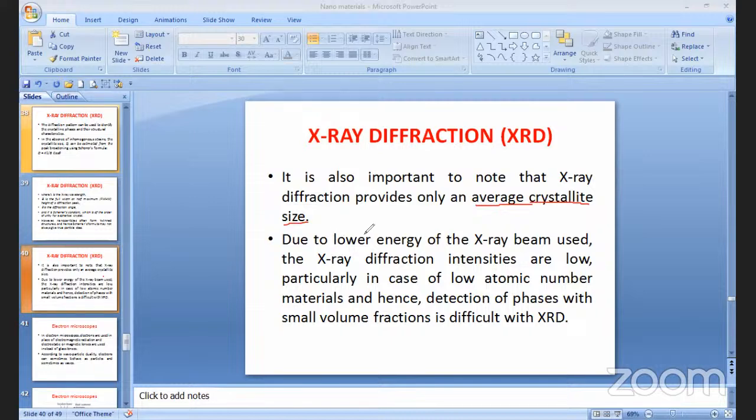Due to the lower energy of the X-ray beam used, the XRD intensities are low, particularly for low atomic number materials, and hence detection of phases with small volume fractions is difficult with the XRD pattern. That is one drawback: we won't get the exact size of the crystallite, but only the average size.